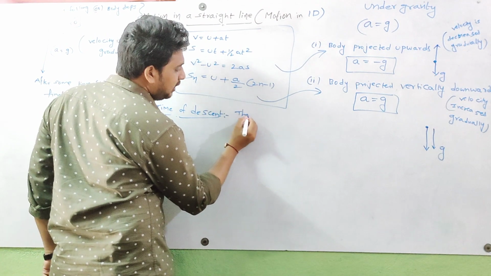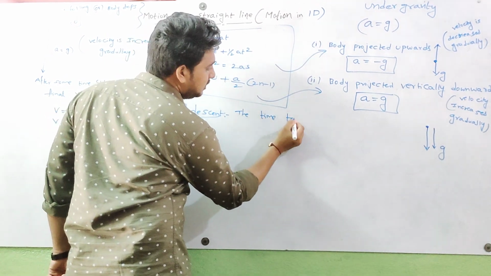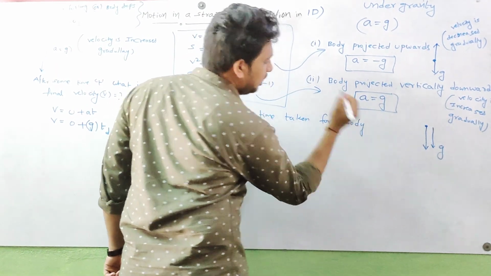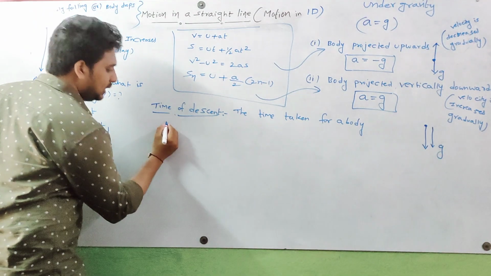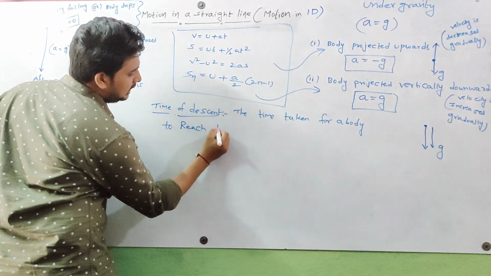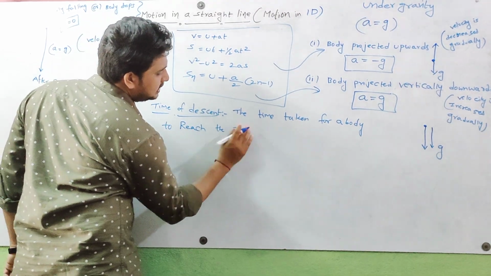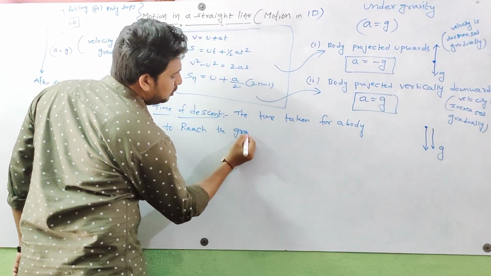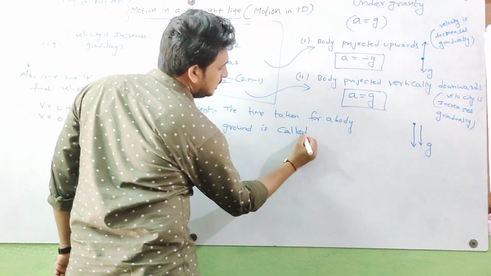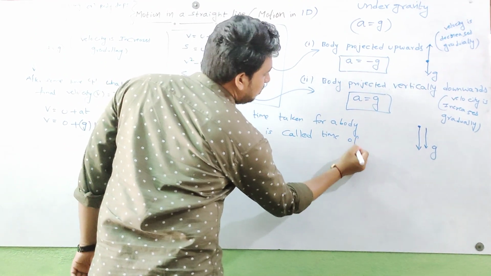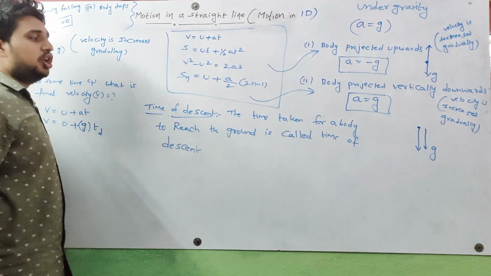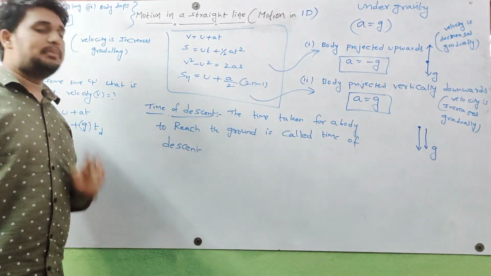The time taken for a body to reach the ground is called time of descent.